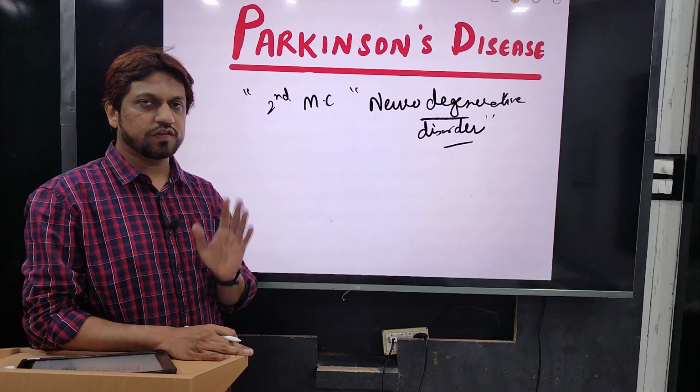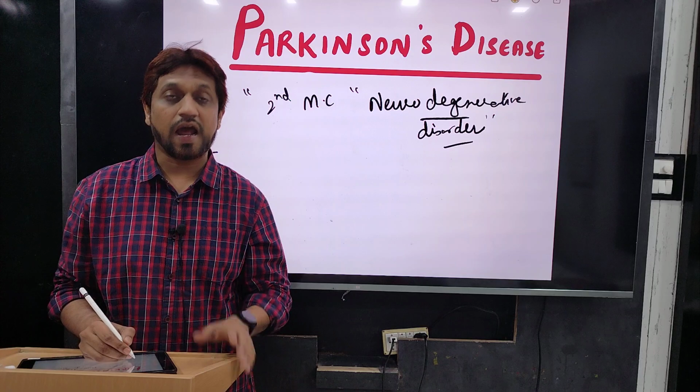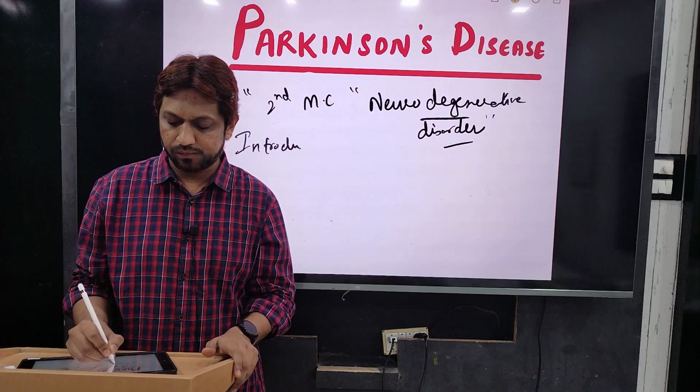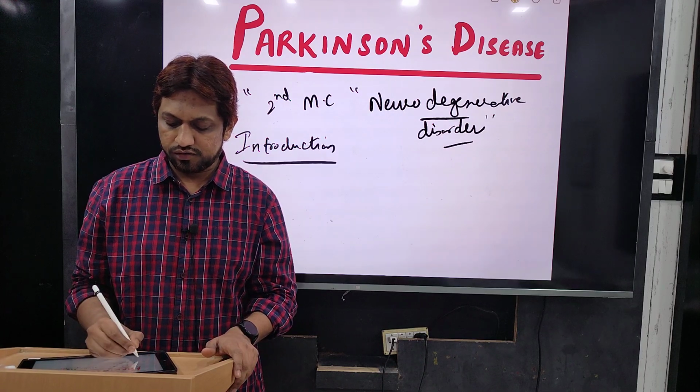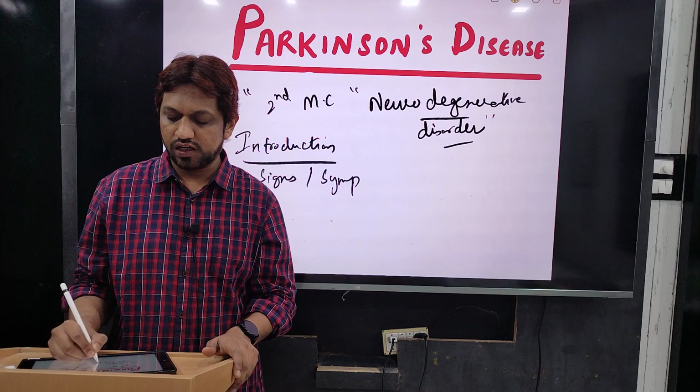First is Alzheimer's disease. After that, the second most common neurodegenerative disease is Parkinson's disease. Today we'll discuss this topic under the following side headings or objectives. First, a quick introduction about this disease. Then we'll discuss the most important signs and symptoms, or the clinical manifestations.